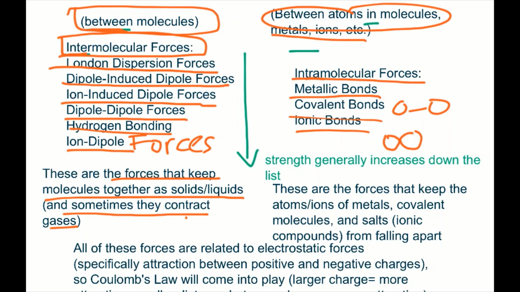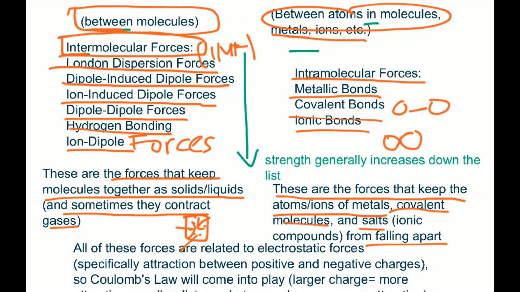So for example, if you have a gas that has high intermolecular forces, or IMF, then the gas molecules will be attracted to each other and it will contract and become a gas with a lower volume. Now, the intramolecular forces are the forces that keep the atoms and ions of metals, covalent molecules, and salts from falling apart.